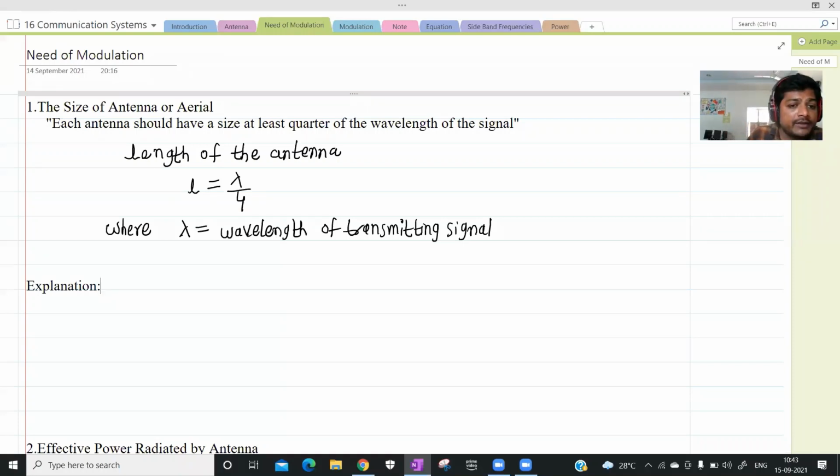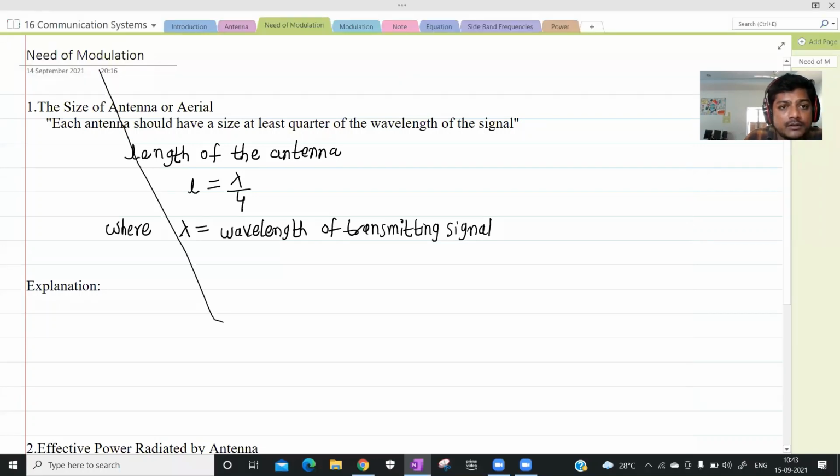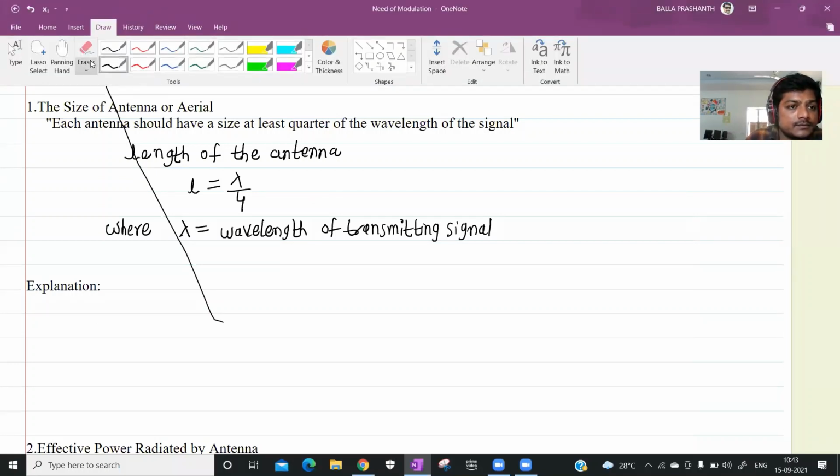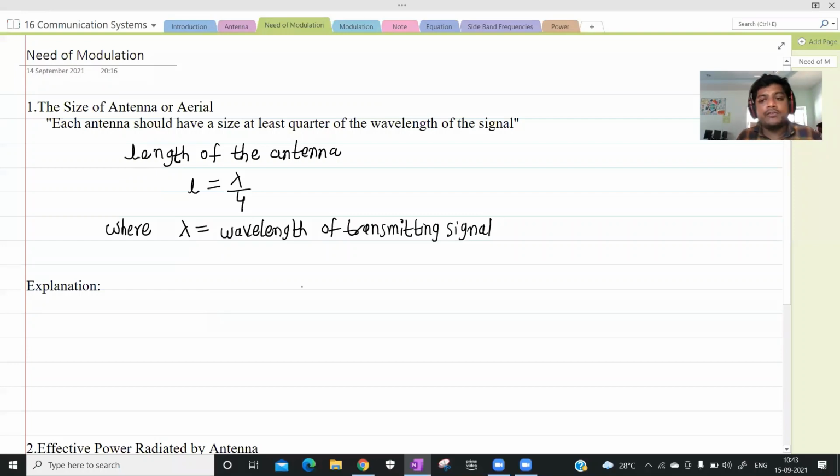For example, if an audio frequency, say 15 kilohertz, is the electromagnetic wave frequency we are sending, now we are going to calculate the length of the antenna.